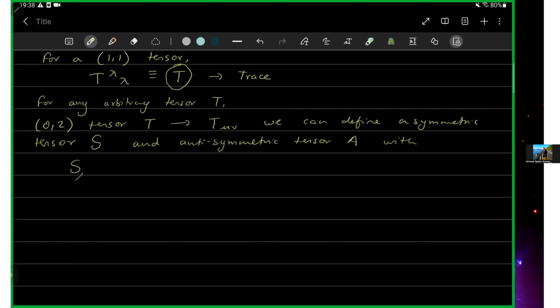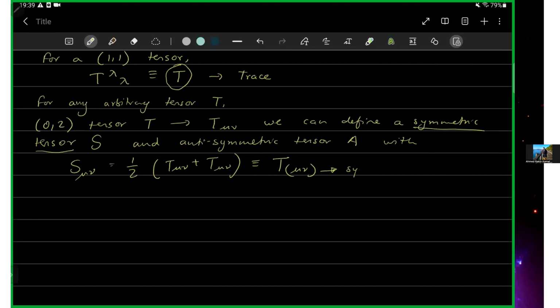So you can have S mu nu, which remember is the symmetric tensor. Maybe I should write the A over here because that looks like asymmetric, which is not true. So we have S as a symmetric tensor. So we can symmetrize the tensor T by writing it in this way, which can be defined in the following way with brackets. So this bracket basically means that mu and nu are symmetric.